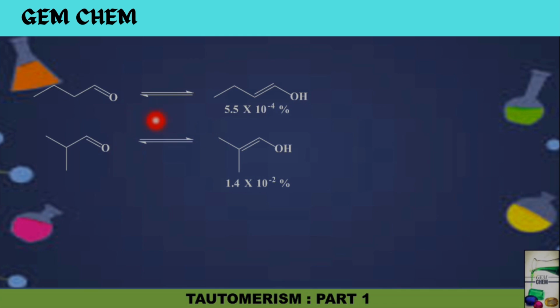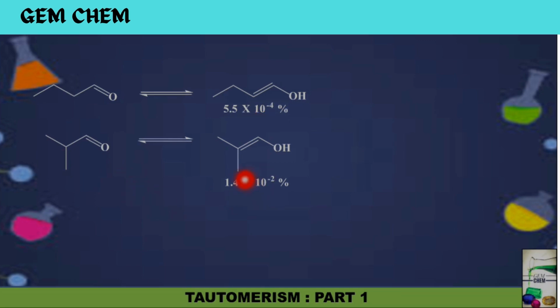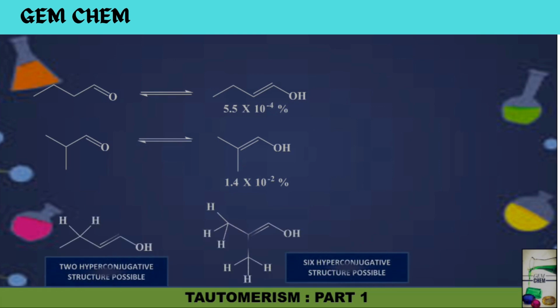And this is the only point of difference between these two. We can see that when only one alkyl group is present on the alpha carbon, versus two alkyl groups here, the enol content has increased significantly, and this is only due to the presence of hyperconjugated structures.